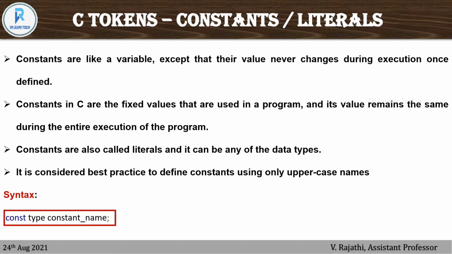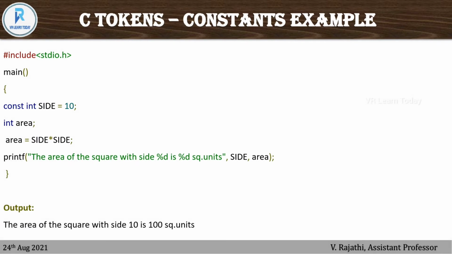So this is the syntax. const is a keyword, then the data type, and you can give the constant name. So this is an example of a constant. const is a keyword, this is a data type, int, and side is the constant name.